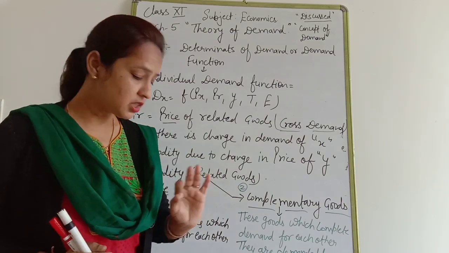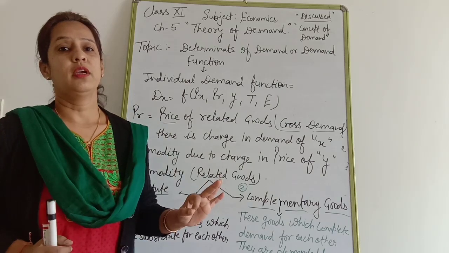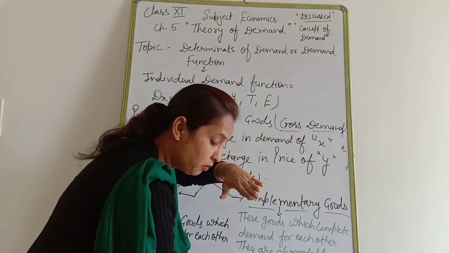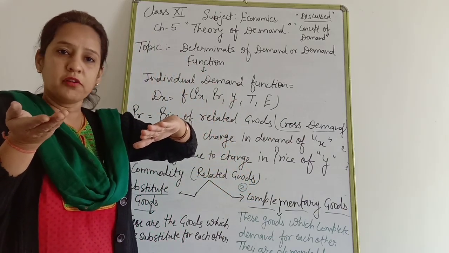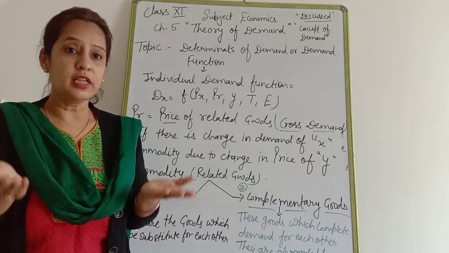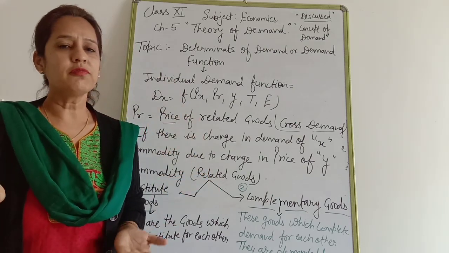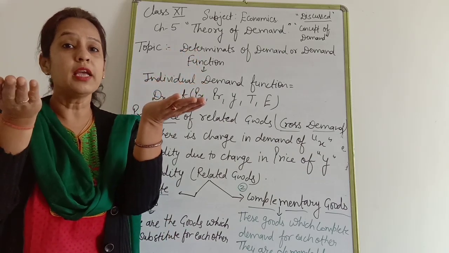Let me give you a very simple example, tea and coffee. If the price of tea increases, then we are going to demand more coffee. There are two goods, tea and coffee. If the price of tea increases, definitely the demand of coffee will increase.